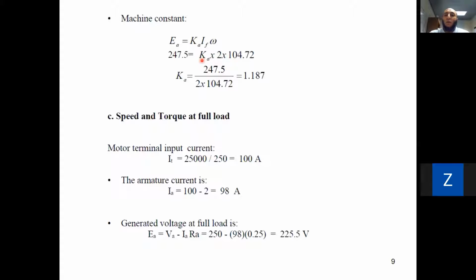Take care here because the field current is inserted in the circuit for shunt motors. We have to consider the machine constant independent of the other terms, which are IF and omega here. But for a separately excited DC motor, because the field current does not exist in the model, we calculate Ka multiplied by phi as a constant.